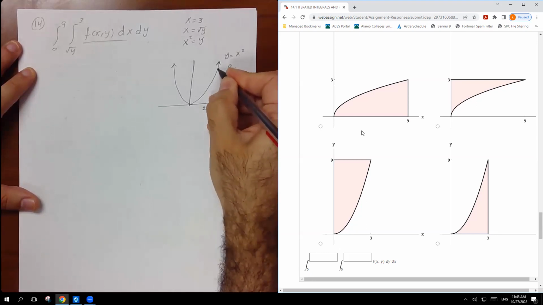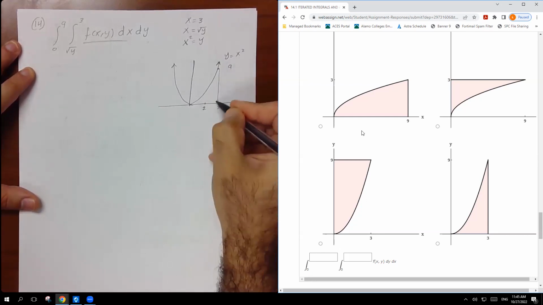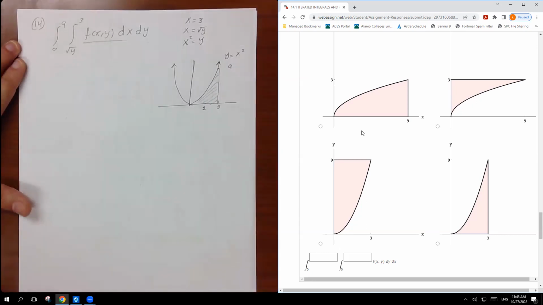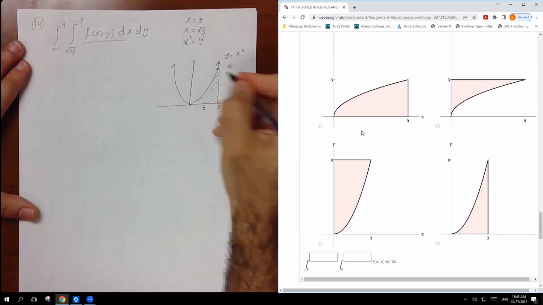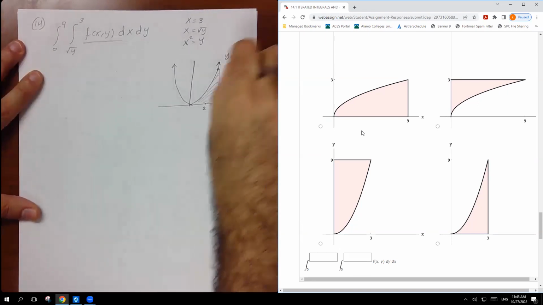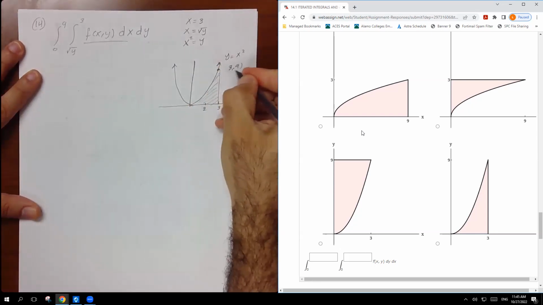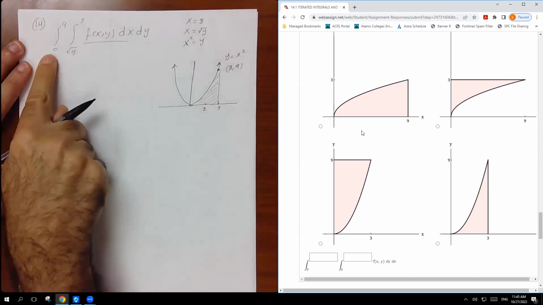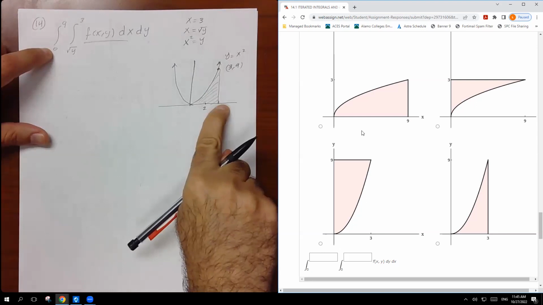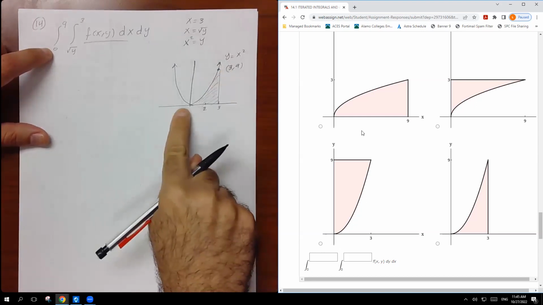That means the point here, this is what we need to graph or to find the area. So the point here is (3, 9), which is the outside boundary: for the y from 0 to 9, and for the x from 0 to 3.